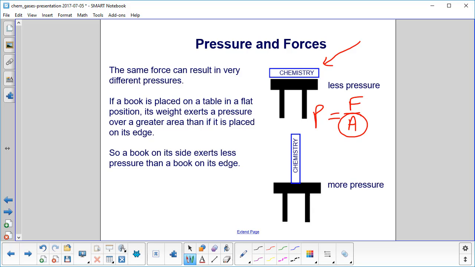It's got a large surface area because it's sideways, so that will have less pressure than if you turn the same chemistry book on its edge, so it has a smaller surface area that's contacting the table. The smaller area means A goes down, so the pressure goes up. So there's more pressure exerted by the same book in case 2 compared to case 1.